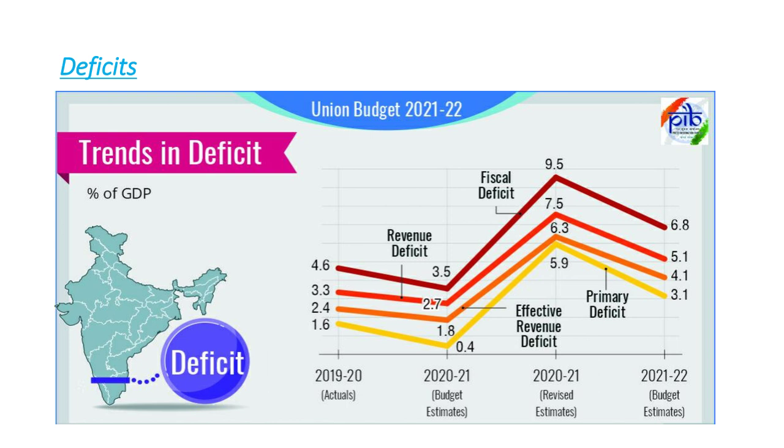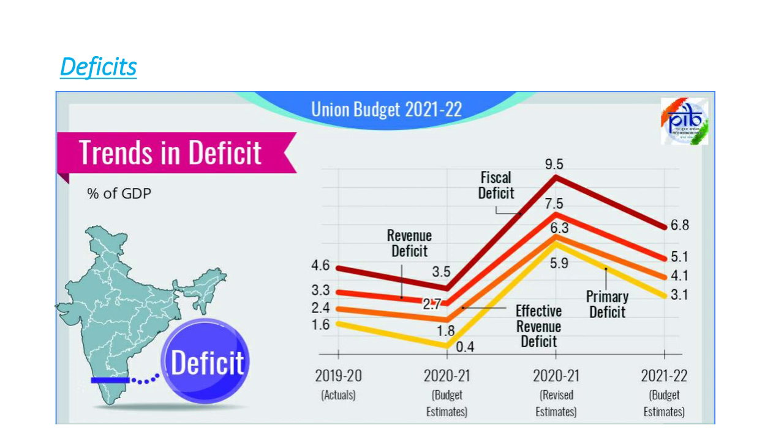So this is basically an outcome of the pandemic. COVID-19 hit our economy a lot, and we can see this through the revised estimates. So the government has proposed in Union Budget 2021-22 that the budget estimate shows that the government is committed to reducing these deficits.